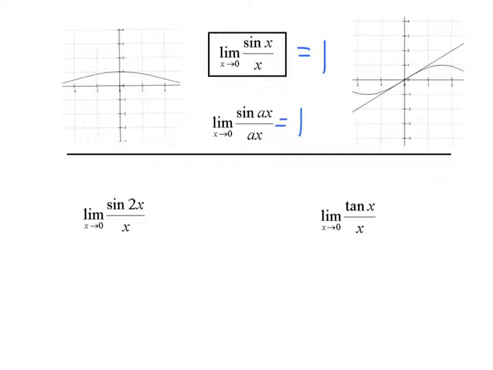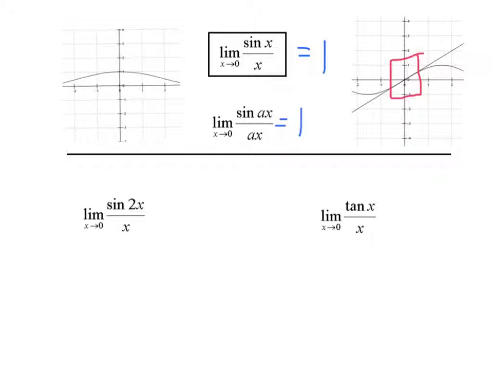Well, here's the graph of sine x and x separate. And I just want you to notice that right around 0, so right in here, notice how similar those two functions are. They're almost the same. And remember that if you take something and divide it by itself, you get 1. Well, sine x and x aren't the same, but they're really close.